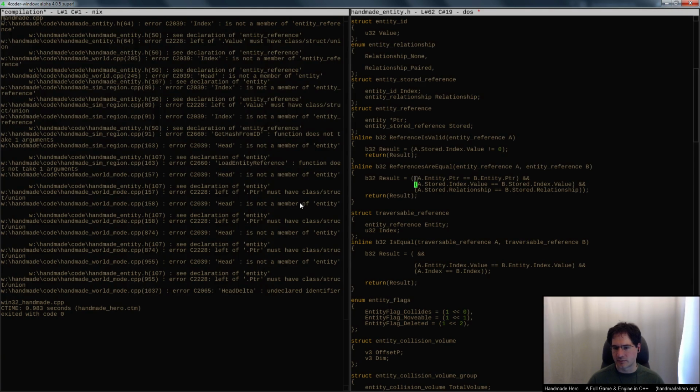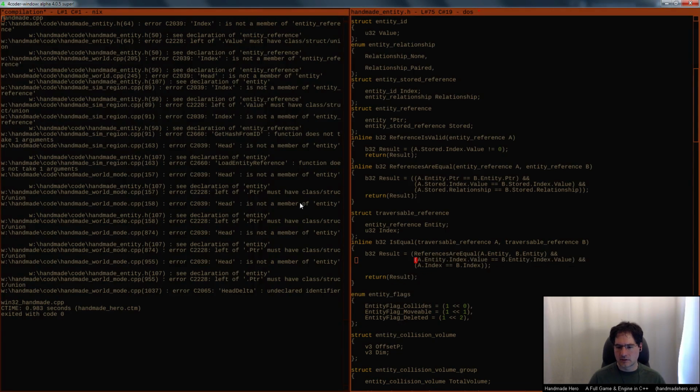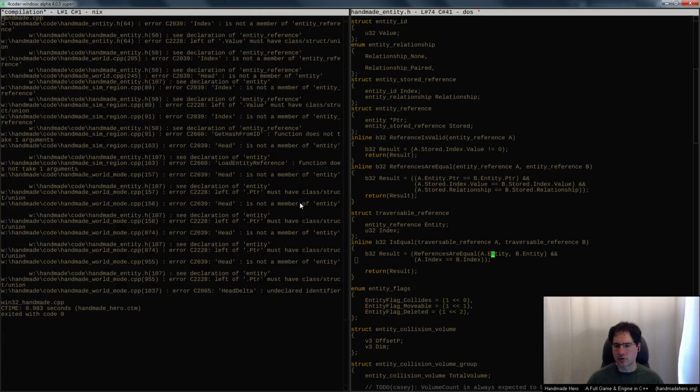Just set the pointer. Yeah, so I think that's actually what we want. I think we want to say references are equal a.entity, b.entity. Something more like that.